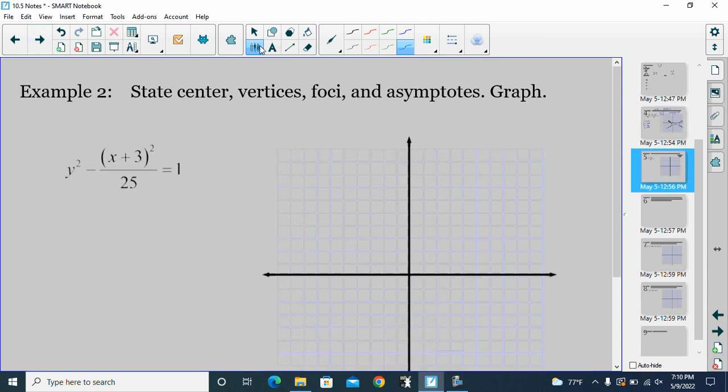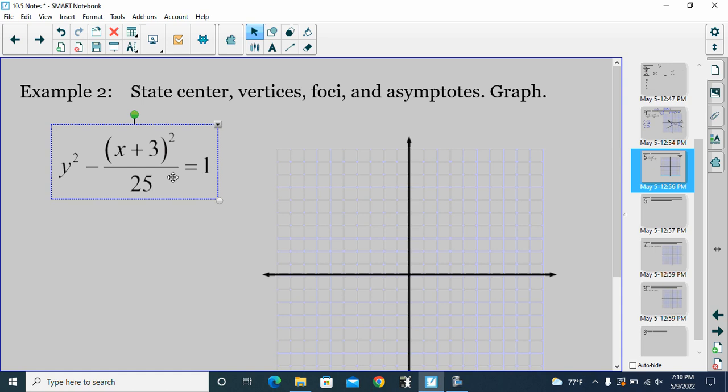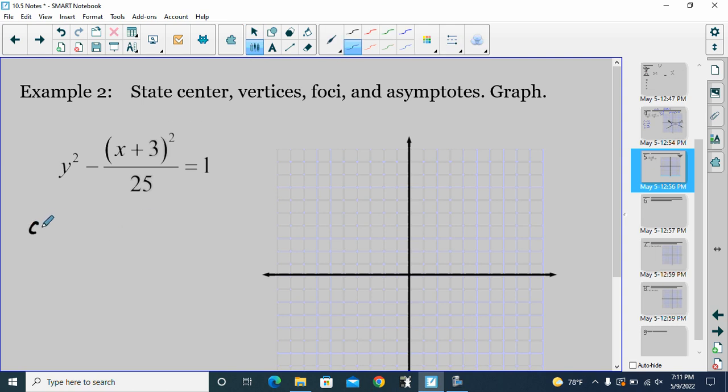Let's try another one. State the center, the vertices, the foci, and the asymptotes, as well as drawing a graph of y squared minus the quantity x plus 3 squared over 25 equals 1. Center should be at -3, 0.